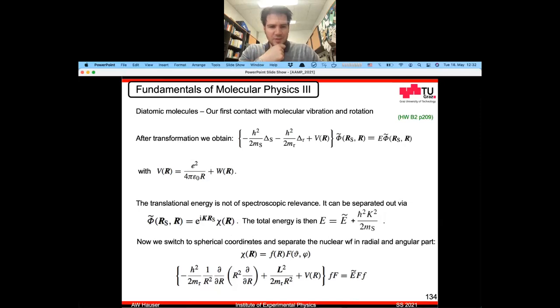Now, when doing this transformation from R to these spherical coordinates, we have to translate our differential operator, right? So the Laplace operator that appears here has to be translated into spherical coordinates, and it has this shape.